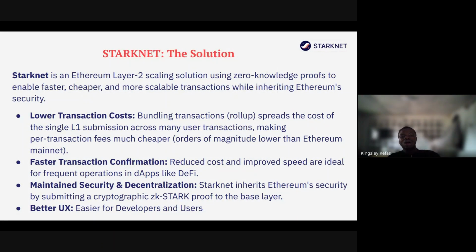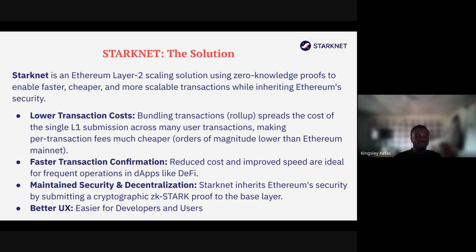Now, how is Starknet a solution to these challenges we made mention of? You recall we said the challenges are the scalability issue, high transaction fee, complexity, and also bad user experience and all that. So Starknet makes transaction costs lesser, right?